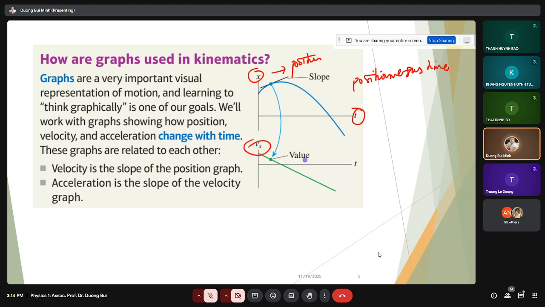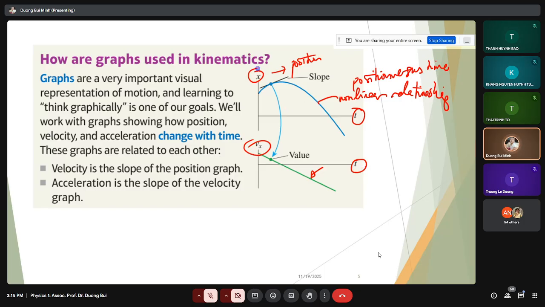And this is velocity, and this is time. So maybe we get a non-linear relationship between position and time, or here you get a linear relationship between velocity and time.